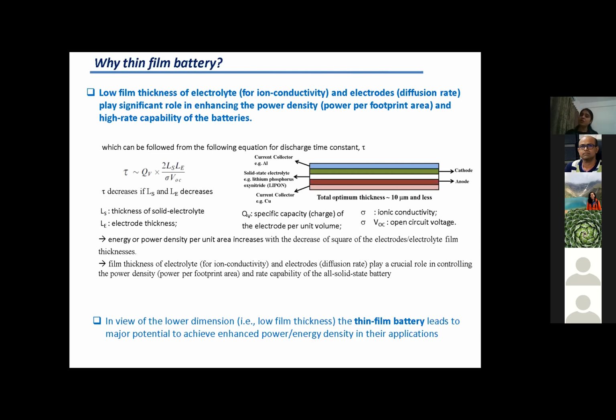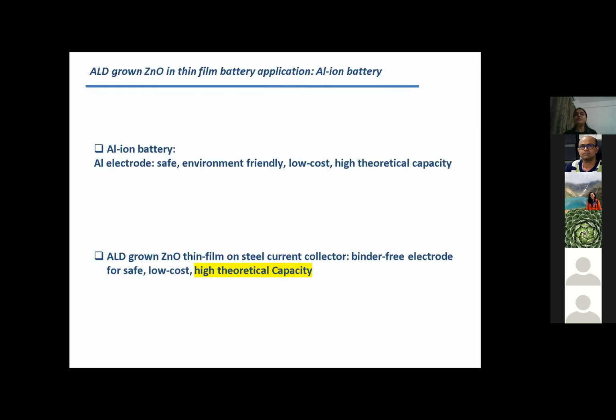That is what we want to get. So a thin film battery will be useful for some applications. It is not applicable to all systems, but for some applications these advantages will be really good.